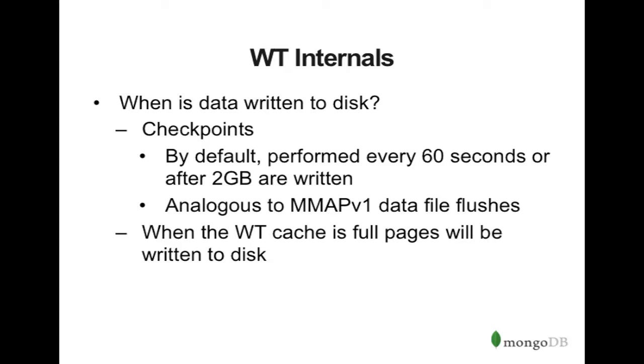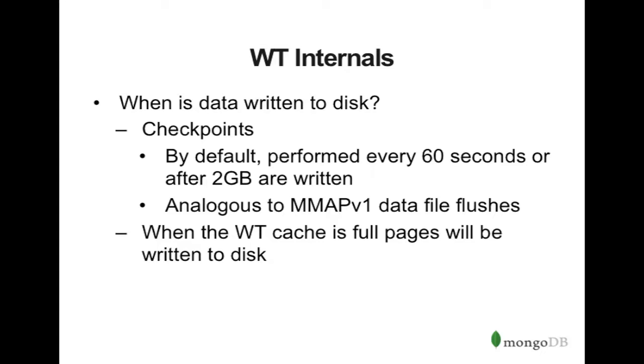Another slight difference is the way that data is written to disk. Whereas in MMAPv1 we just did msync flushes of our data files, in WiredTiger we have this concept of checkpoints. A checkpoint will basically guarantee that all of the data is consistent up to that checkpoint. By default, checkpoints are performed every 60 seconds, which was similar to our upper bound in MMAPv1.